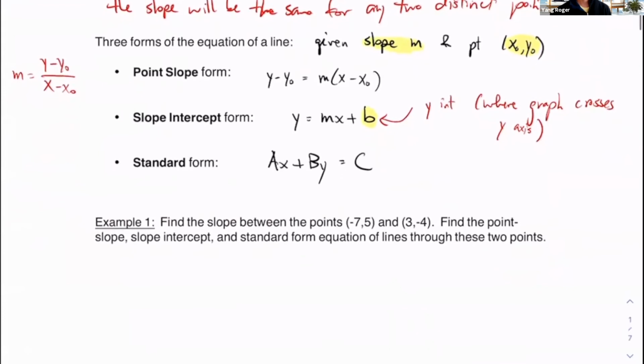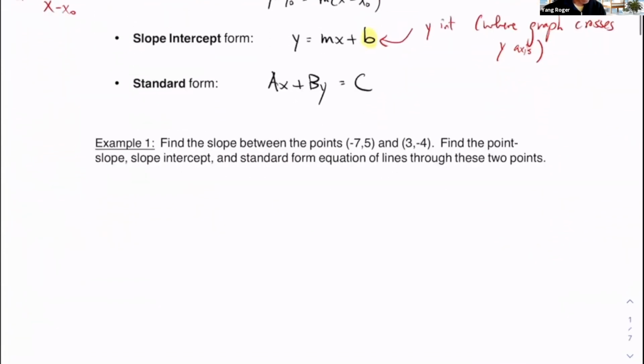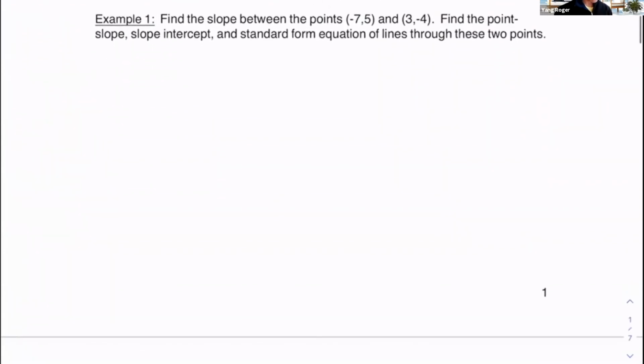Okay. So let's do a quick example. Let's find the slope here. So we got m is equal to y2 minus y1 over x2 minus x1. I'm going to label my points just because I don't want to mess it up. So I got x1, y1 here, and I got x2, y2 over here.